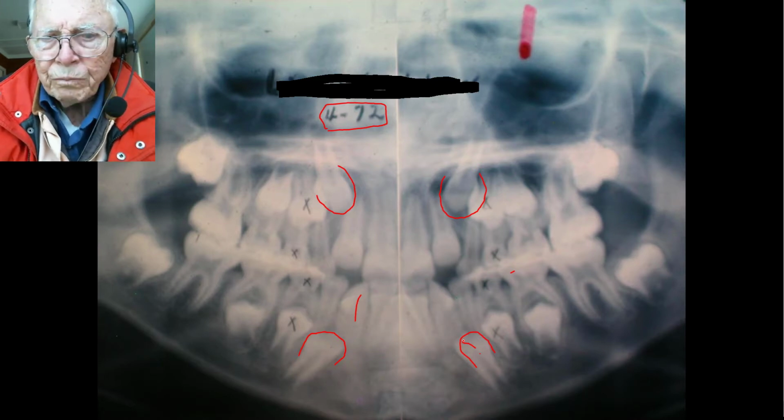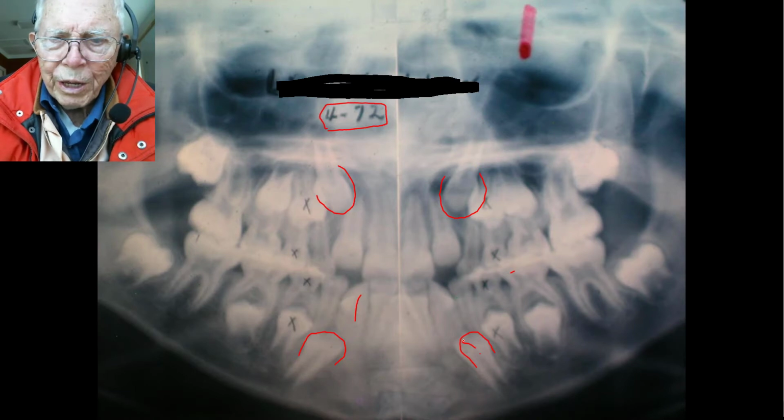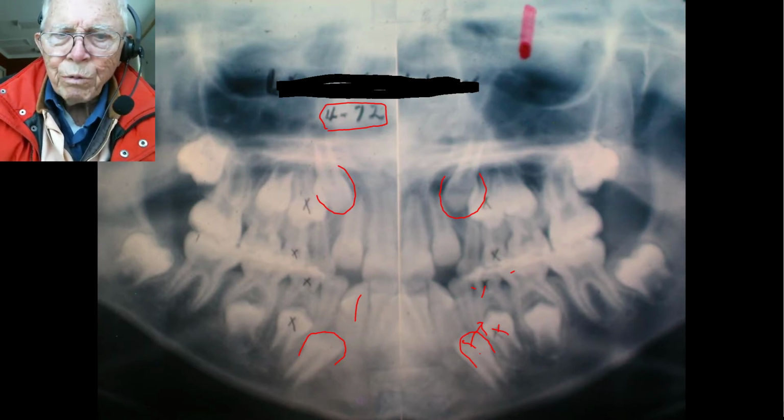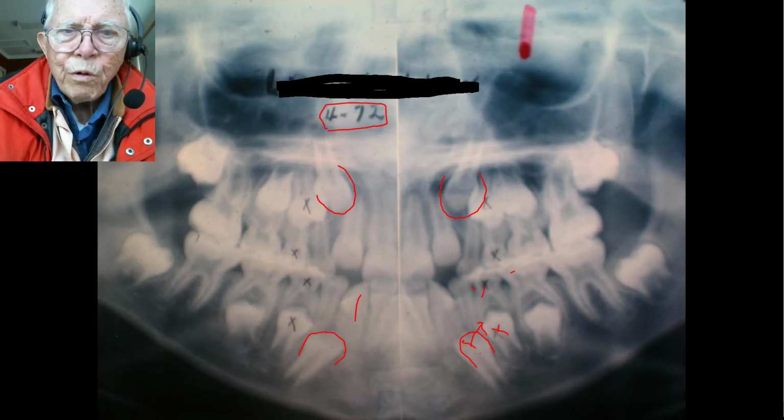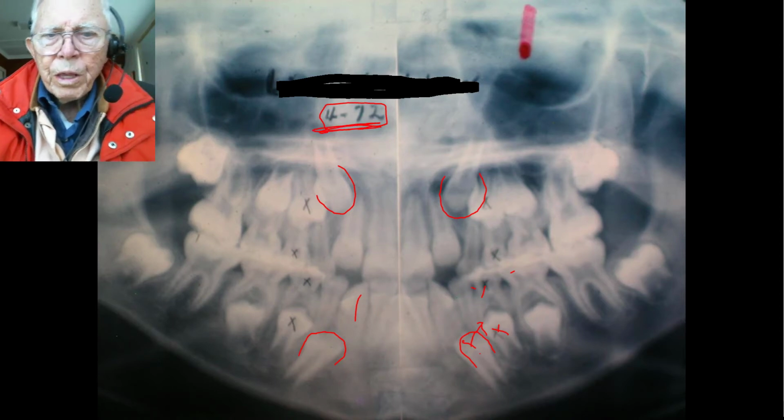So what we planned to do was to extract the deciduous teeth around here and also a permanent tooth here. And the follicle moves this tooth out of that space. And I'm going to show you, this is 4 of 72.